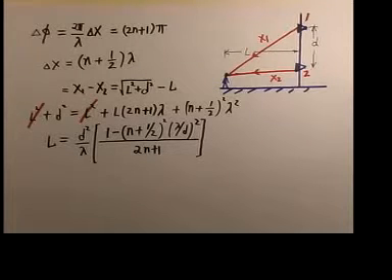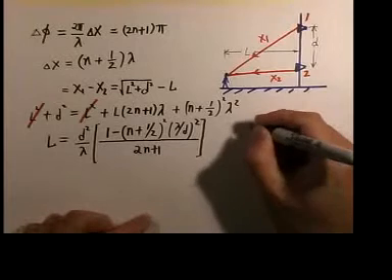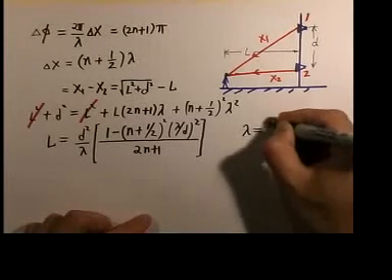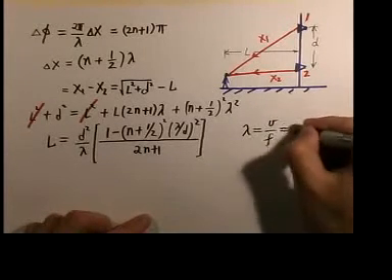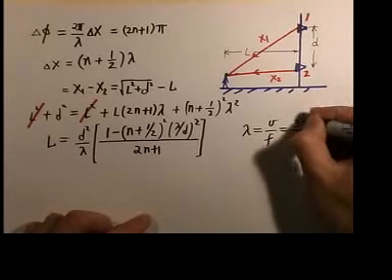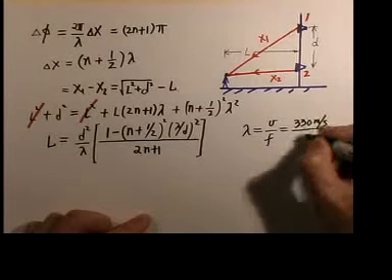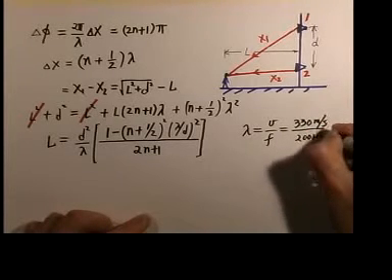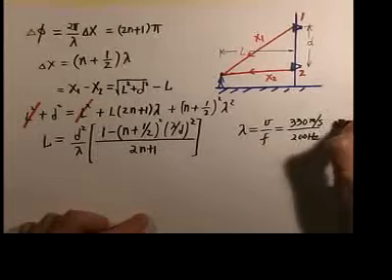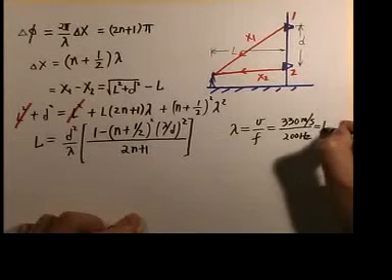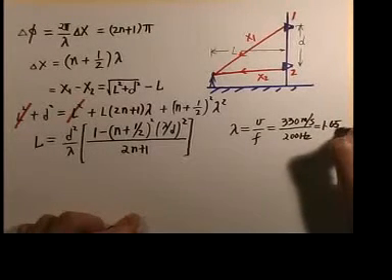To do so, we need to find what lambda is. Lambda is very simple. Lambda is v over f. Here v is 330 meters per second, and f is 200 hertz according to the problem statement. So this is equal to 1.65 meters.